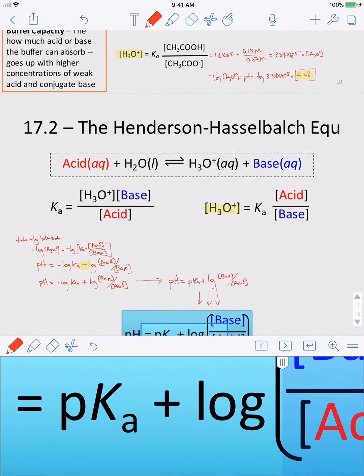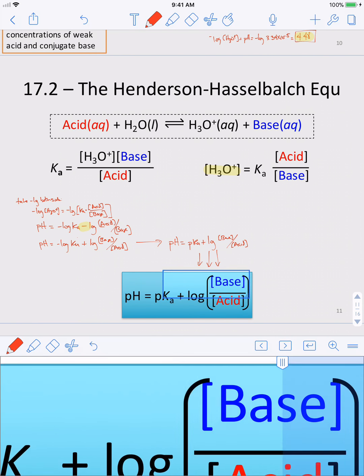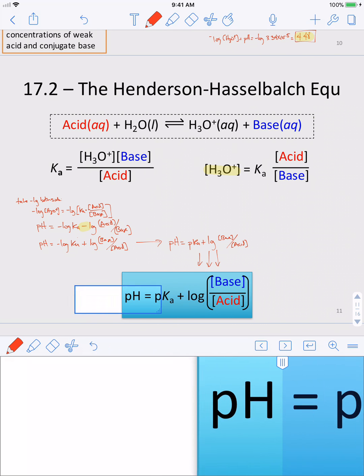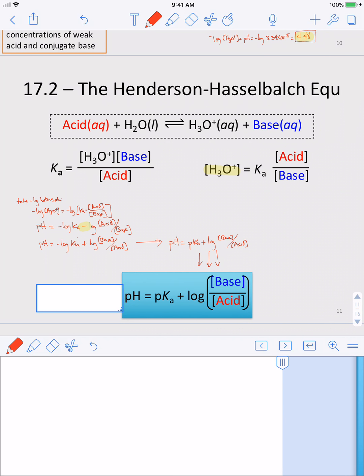Here it is in the box. You don't have to know how to derive it, but you just have to know how to use it. This is really useful for buffers. If we're in a buffer, the pH of a buffer equals the pKa of the acid for that buffer, plus the log of the concentration of base over acid, so the ratio of base to acid.